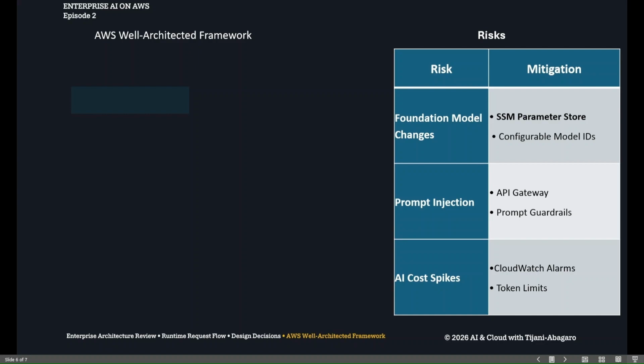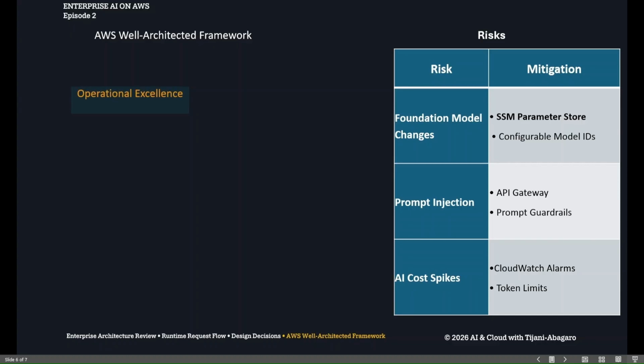I evaluated this solution against the AWS Well-Architected Framework, which is built around six pillars: operational excellence, security, reliability, performance efficiency, cost optimization, and sustainability.